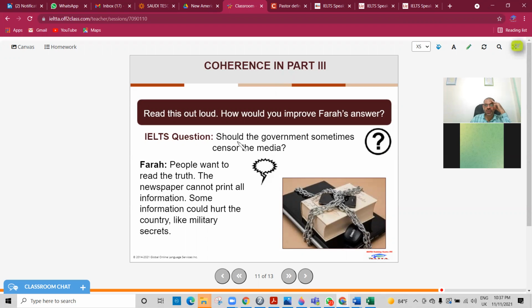For example, in this question, should the government sometimes censor the media? Is there any coherence here? What do you think? No, because these are just separate sentences, and this will lower your score for fluency and coherence.